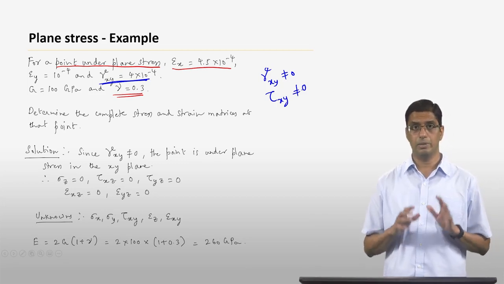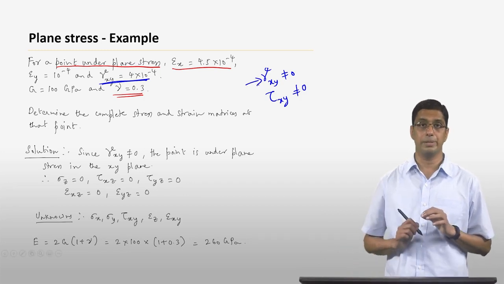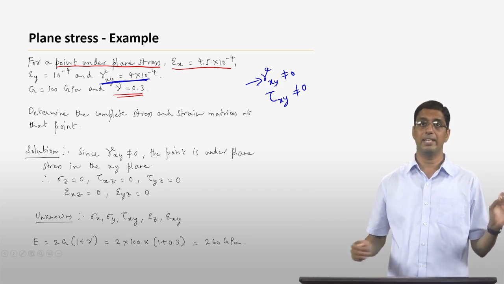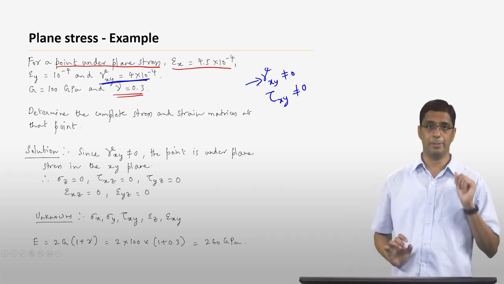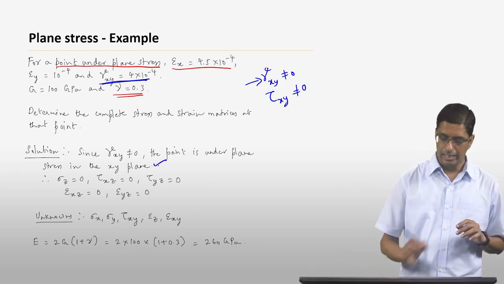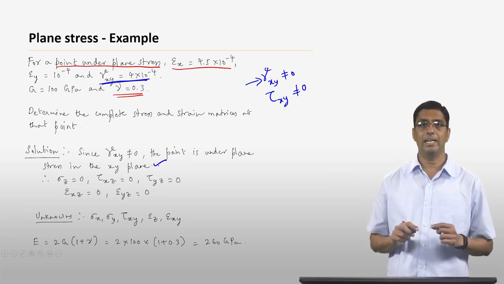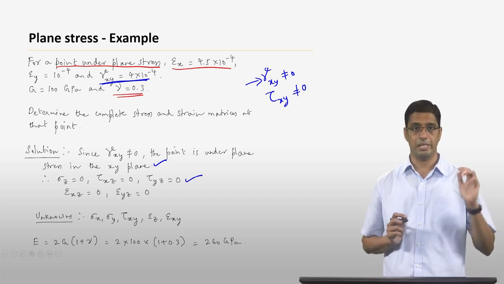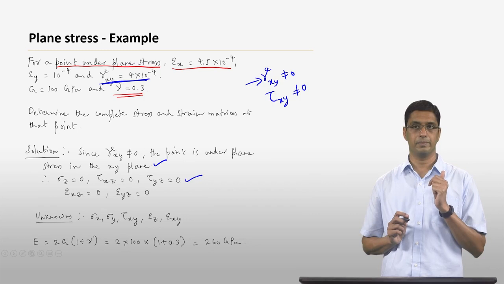The fact that gamma xy is not 0 and it is given that it is plane stress essentially means that every stress component that has a z subscript is 0. So we have done two things. We have determined that it is plane stress in the xy plane, and as a consequence, these three statements are true: sigma z is 0, tau xz is 0, and tau yz is 0.